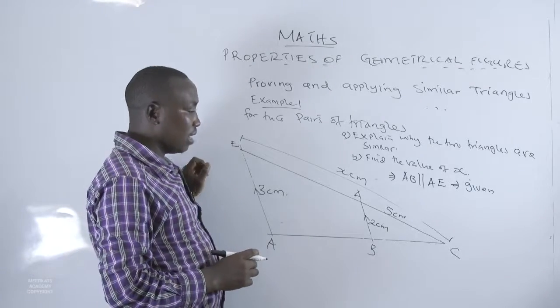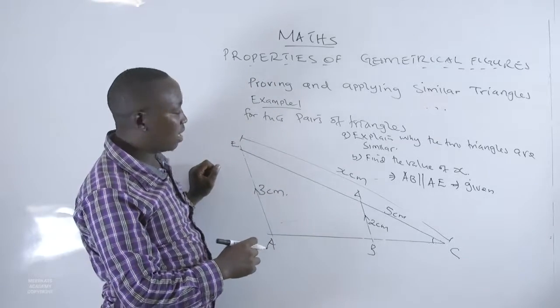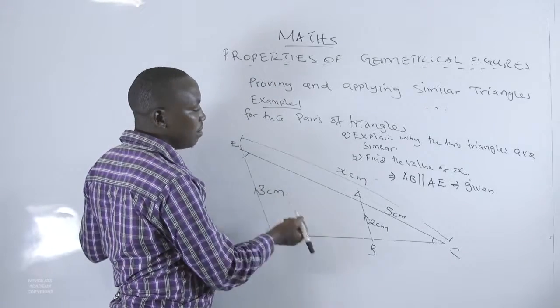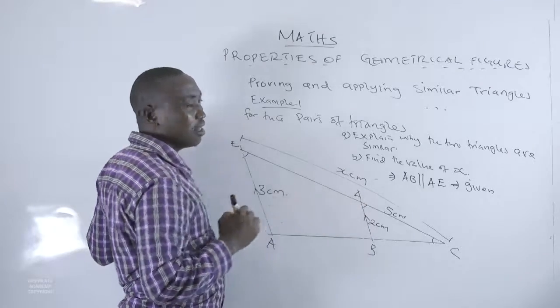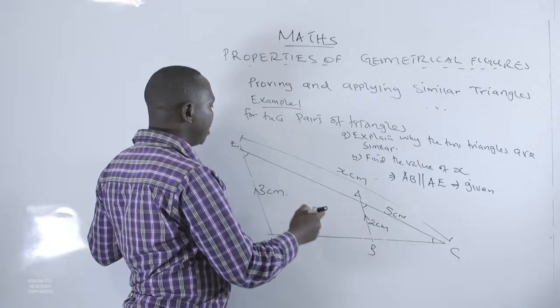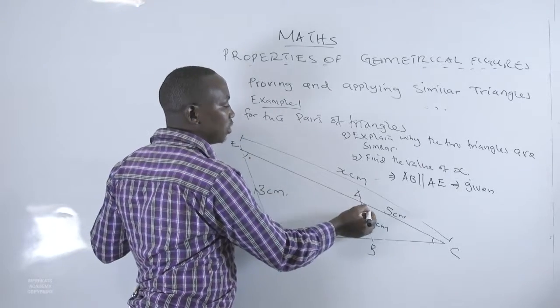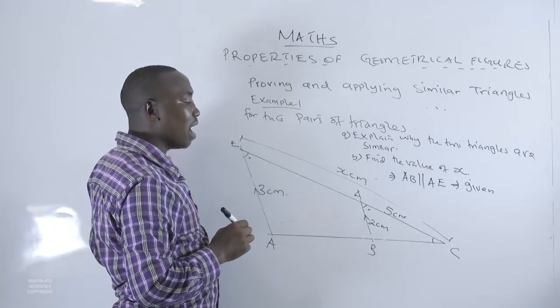If they are parallel, let's consider this particular angle here and this particular angle there. So long as they are parallel, and this is the transversal, this angle is going to be equal to that particular angle.